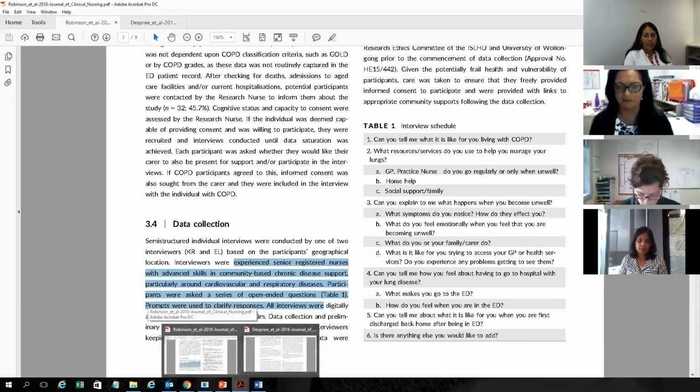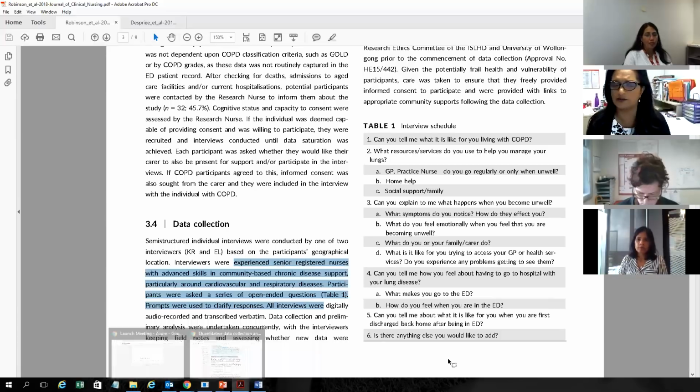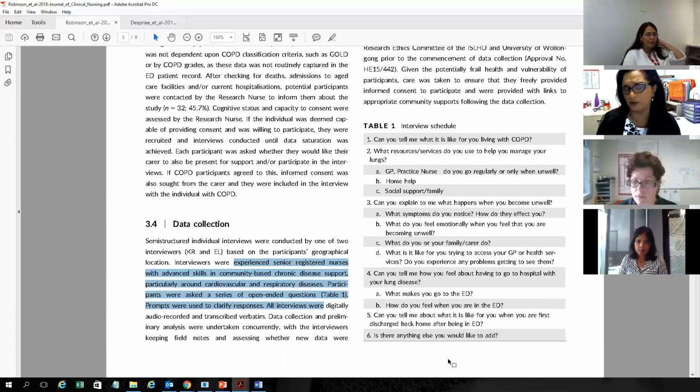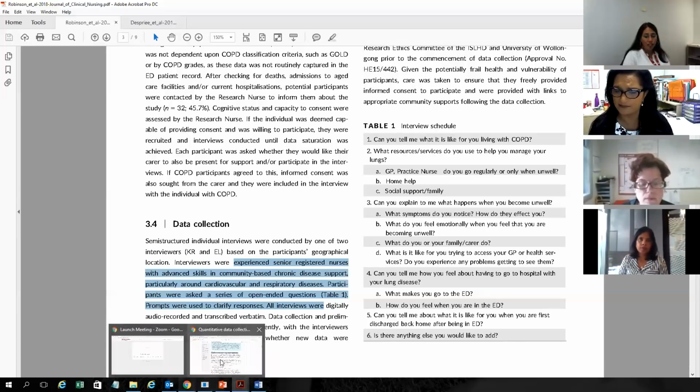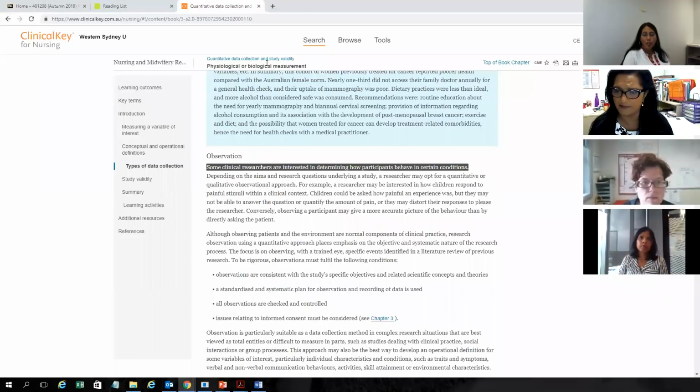Then the next part is, was the data collection method appropriate to the study? Sorry, Susan, there's a question on what chapter that was when we were referring to the text. They need to refer to the qualitative and quantitative chapters of that textbook. Yes, that's right. There's a quantitative data collection chapter and a qualitative data collection chapter.